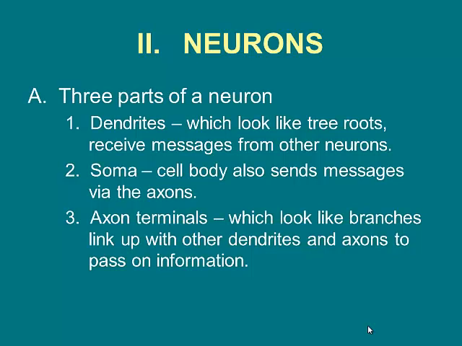So here comes a message down the dendrite, hits the soma, and then comes out the axon terminal, which looks like branches linked up with other dendrites and axons to pass on information. So a message, an electrical stimulation, did you hear that word, electrical stimulation, hits the dendrites, is processed through the soma, and then goes out the axon.